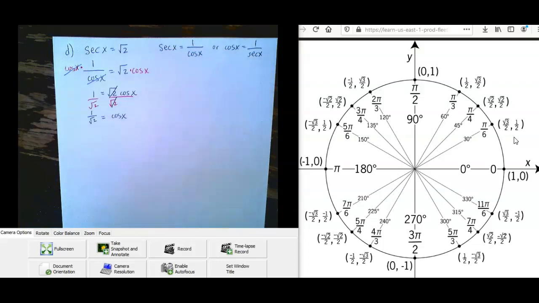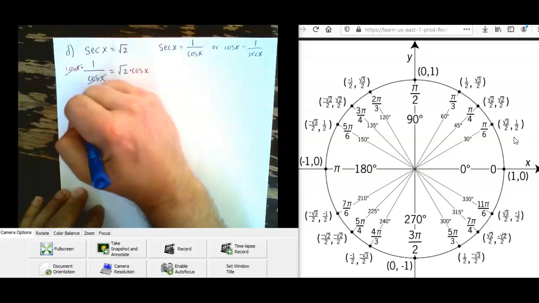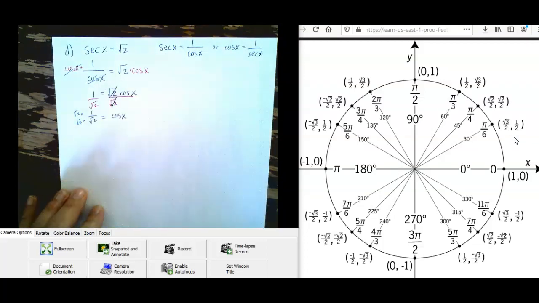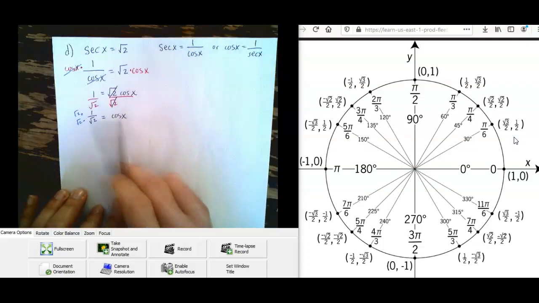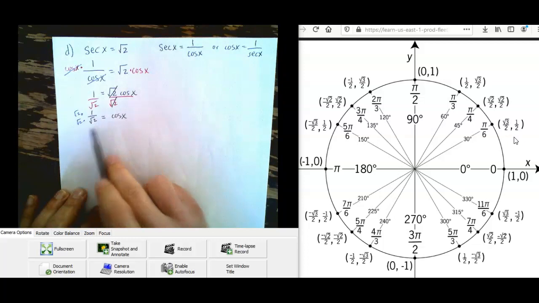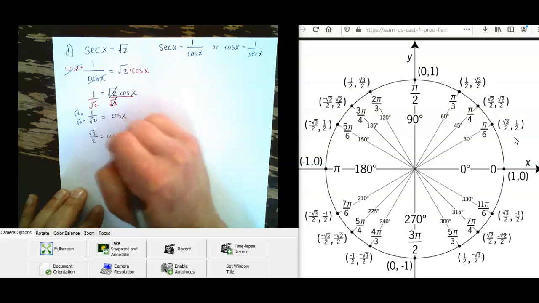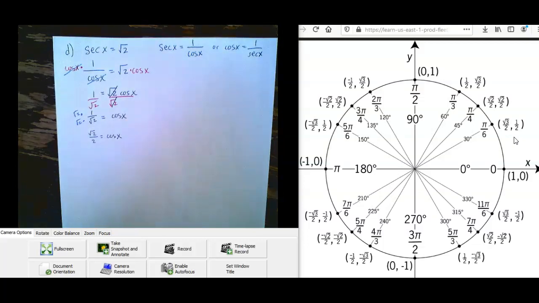Now to help out one more time, we can rationalize. So let's multiply by the square root of 2 over the square root of 2 on both sides. So on this side we get the square root of 2 over root 2 times root 2 is 2. That's equal to cosine of x.